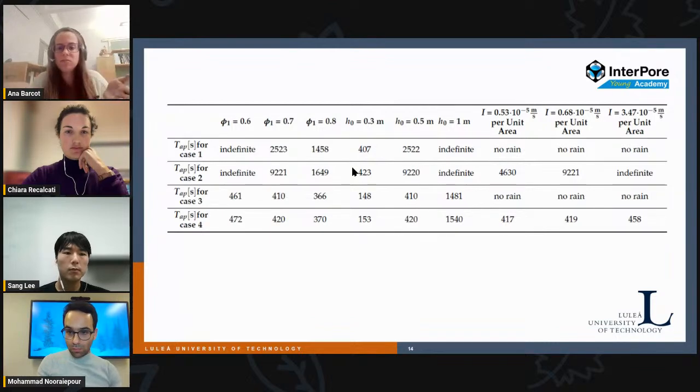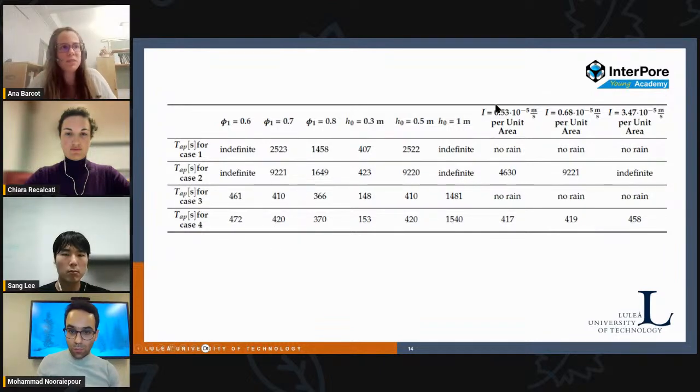As we reduce the permeability of the soil, we do have a problem of absorbing large runoff volumes or floods. So here we can see, particularly for case 2, when we include the rain and the soil is impermeable, compared to when you have the rain and the soil is permeable, the difference in the absorption time.